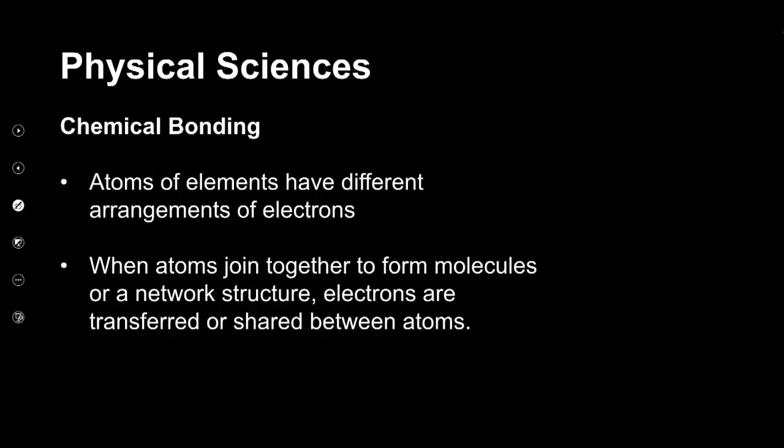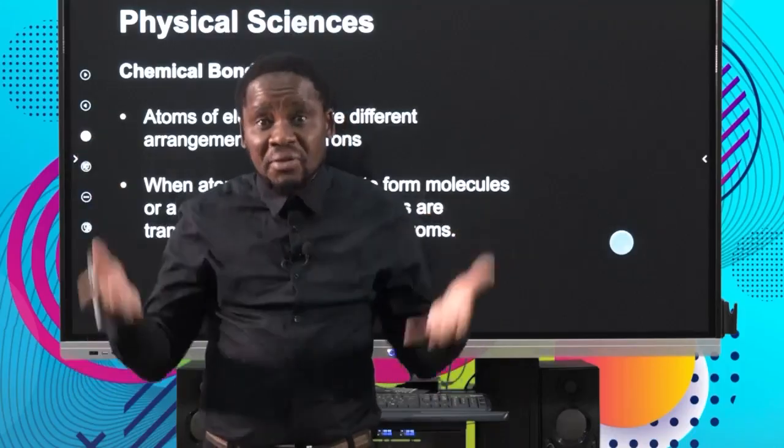Okay, now in the background, what is it that we understand? We know that during chemical bonding, atoms of elements have different arrangements of electrons, right? This goes back to the fundamentals of chemistry in as far as the periodic table.